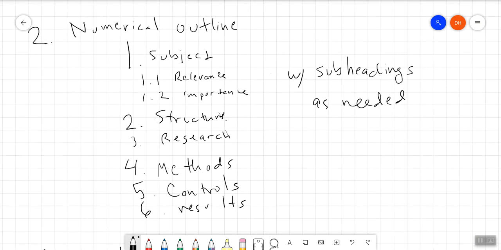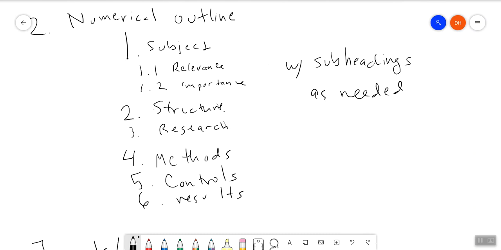The other one, I'm sure you've seen a million of these, is the simple numerical or alphabetic outline. This is where you would just list 1, 2, 3, 4, 5, 6, whatever, with little subheadings like 1.1, 1.2. It could go like this: 1A, B, C, 2A, B, C, 3A, subsection, Roman numerals. It's up to you.